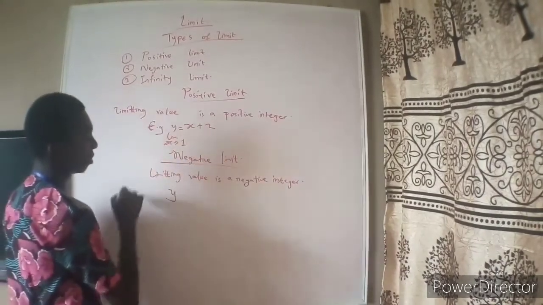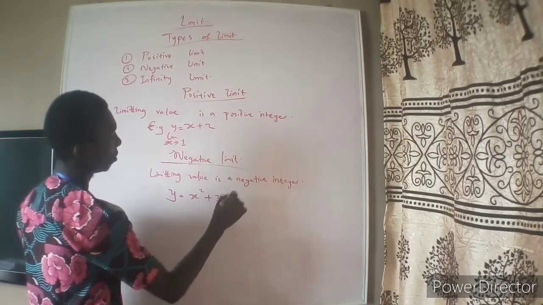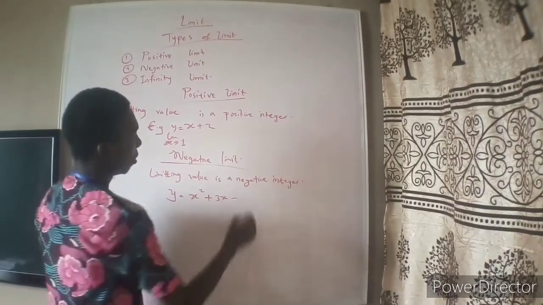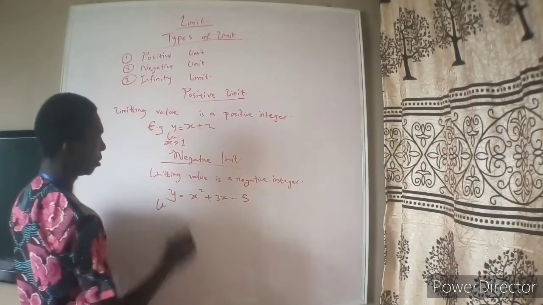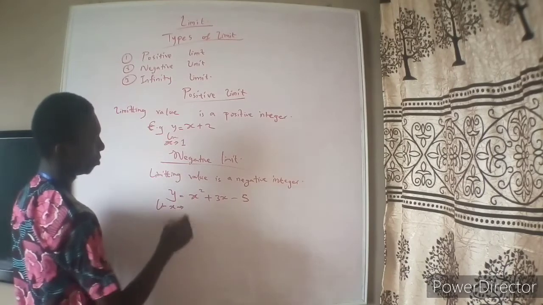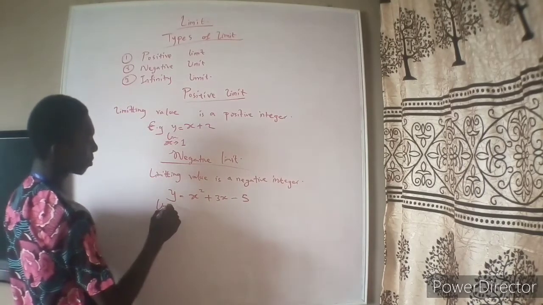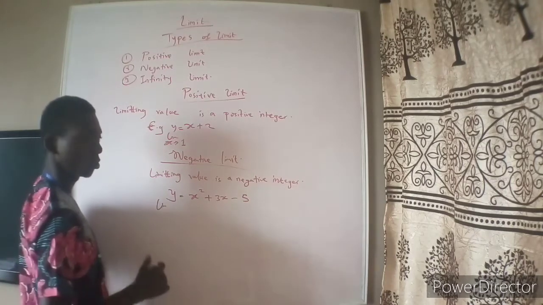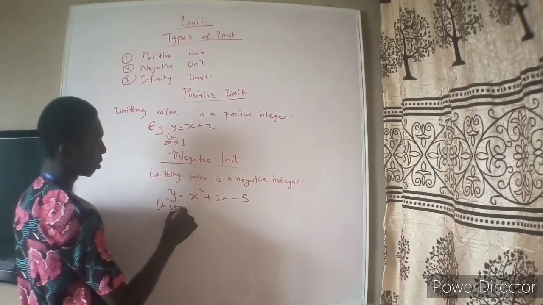So for instance, if I give you y equals x squared plus 3x minus 5, and I say limit x to be equal to minus 3. Now I have minus 3x.